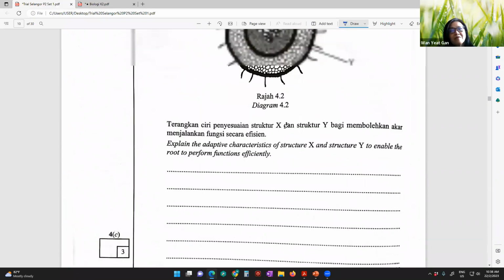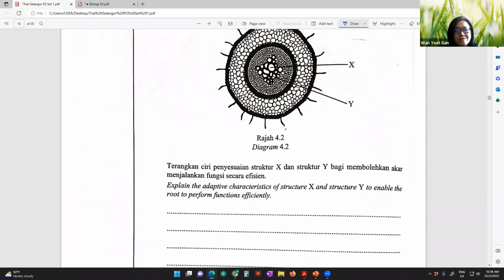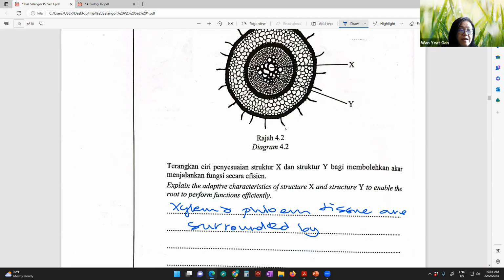Now, the xylem and the phloem tissue are surrounded by pericycle tissue.